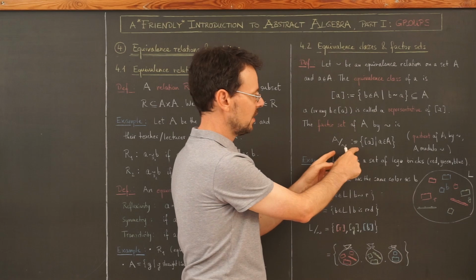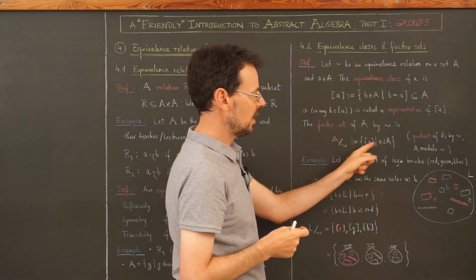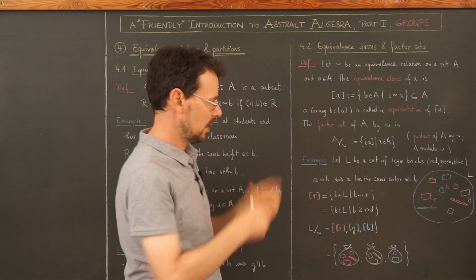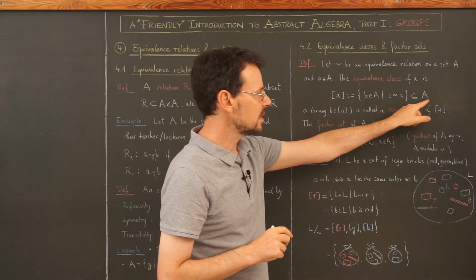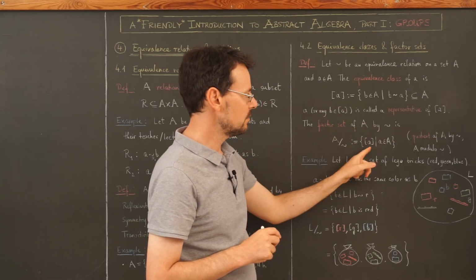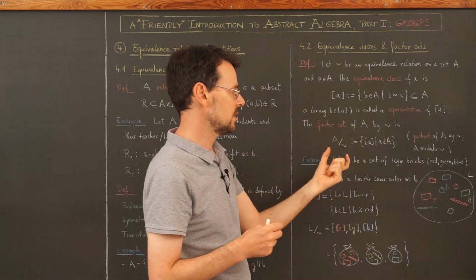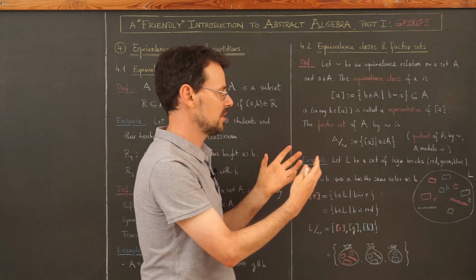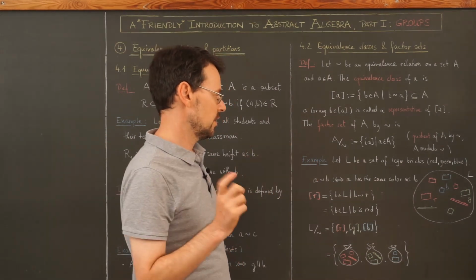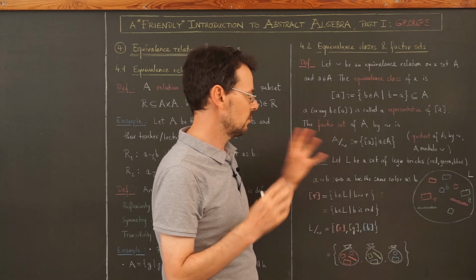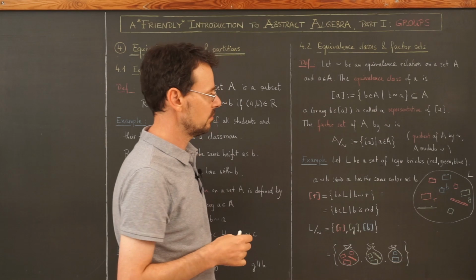This is simply defined as all the equivalence classes where the a runs through the whole set A. Be aware, this is no longer a subset of A because those are different objects. Those are sets themselves. They are no longer elements of the set, but they are sets themselves. They are equivalence classes. So it is very, very important that you really get a grasp of this concept because we're going to need that a lot of times later on.